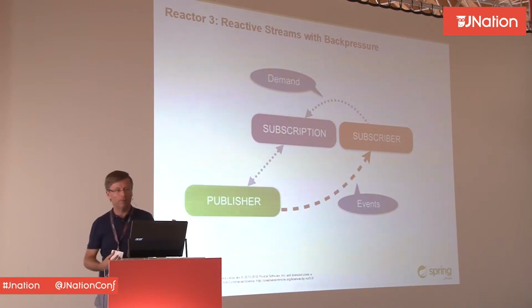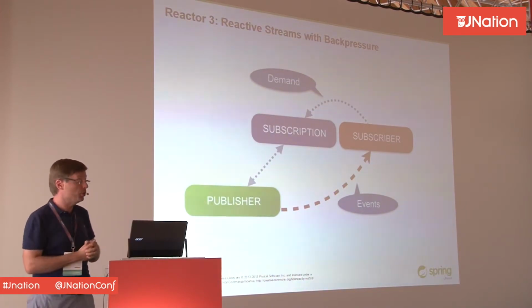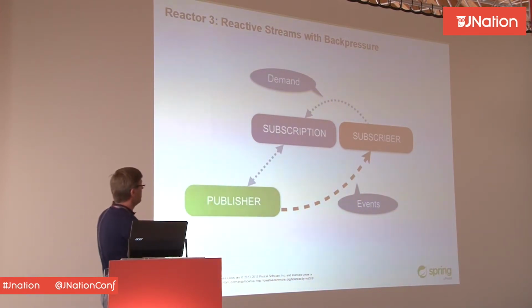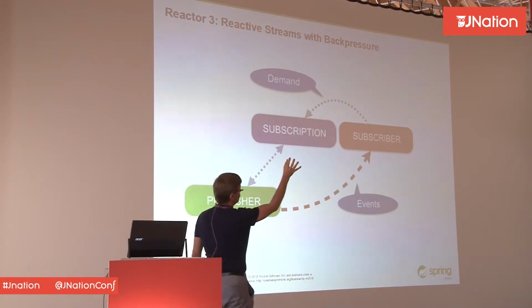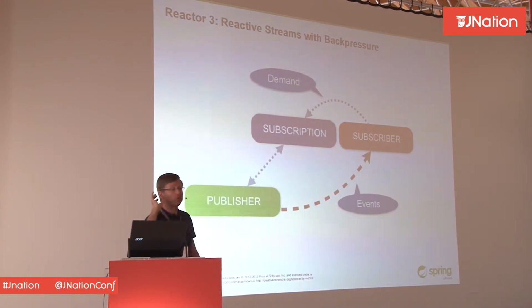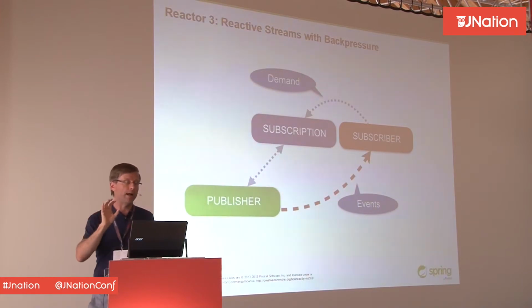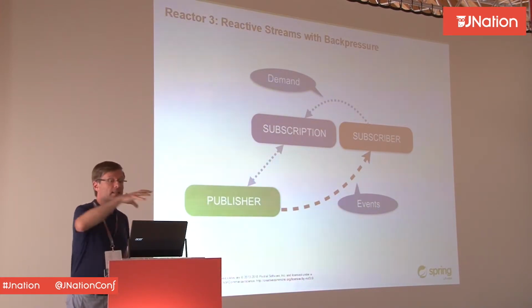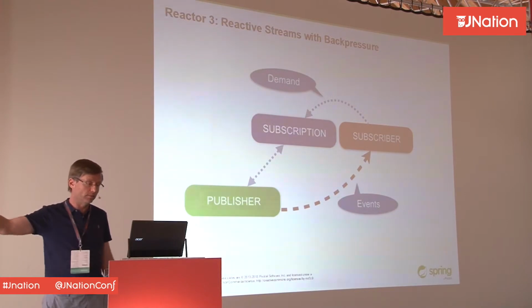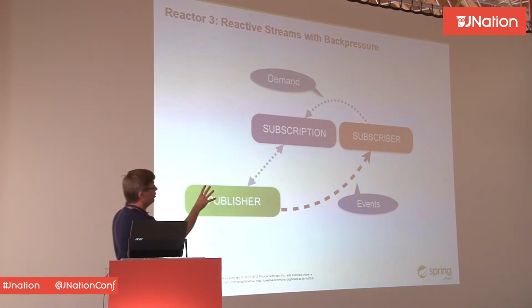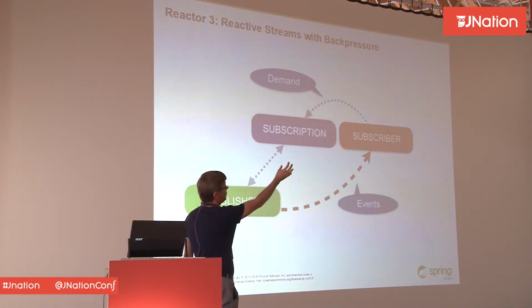A publisher is able to produce data, to produce elements of data, but it's not actually doing anything until a subscriber is being registered, and the subscriber is in charge of flow control. It asks the publisher for further data as the subscriber can process it and pass it on. The subscriber could be, for example, an HTTP response stream.